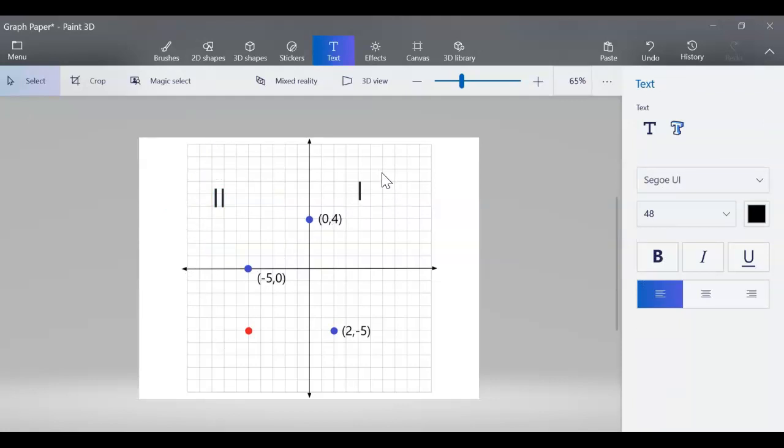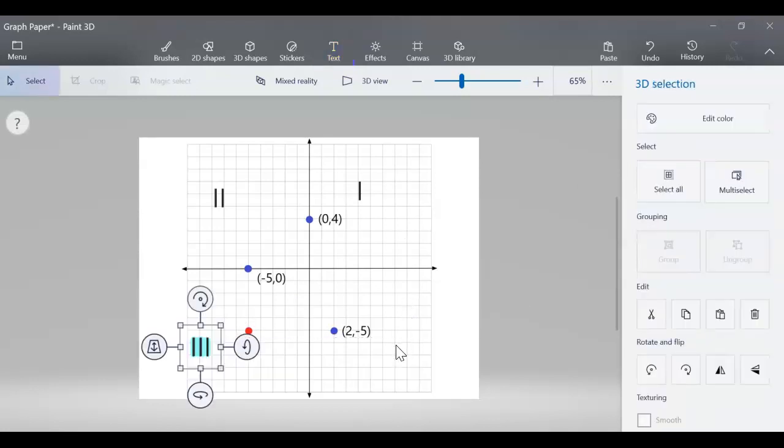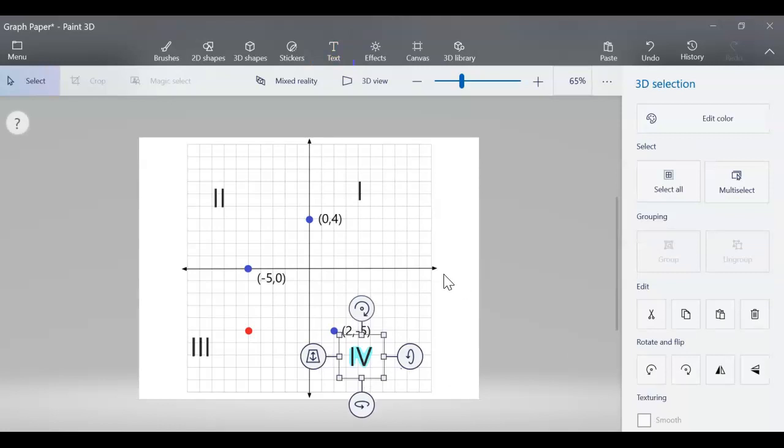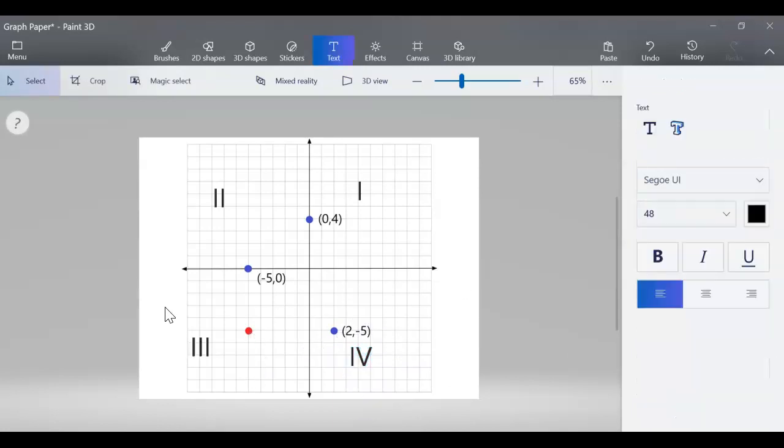So the way the quadrants work is they go 1, 2, and then this is quadrant 3. And then obviously that leaves this last quadrant over here as quadrant 4. So -5 is not in quadrant 4. In fact, it is in quadrant 3.